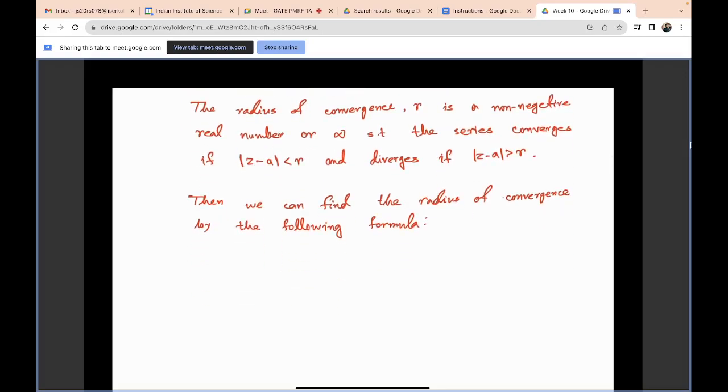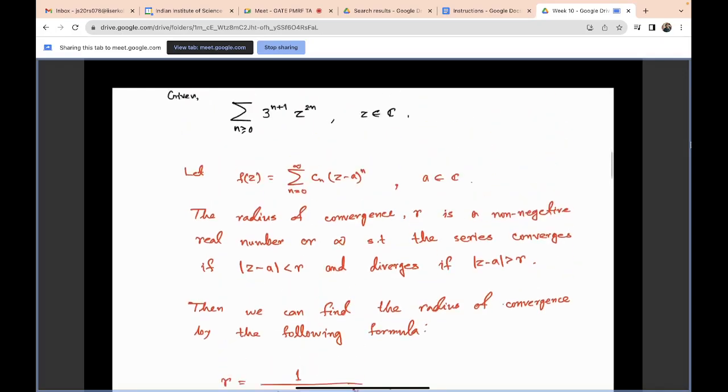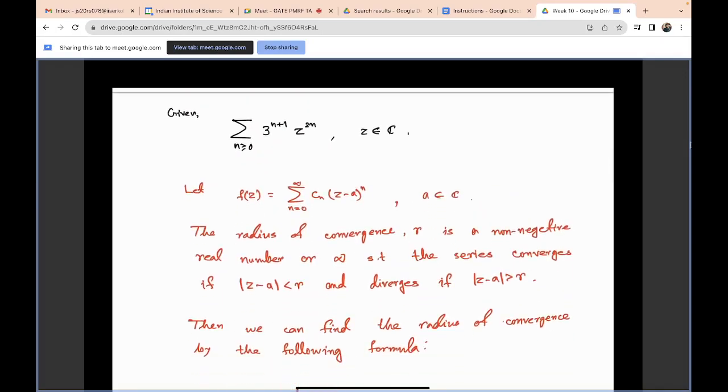So what is the formula for radius of convergence? R is given by 1 by lim sup of mod Cn to the power 1 by n. So this is the formula for radius of convergence. We will use this one to find the radius of convergence of the series.